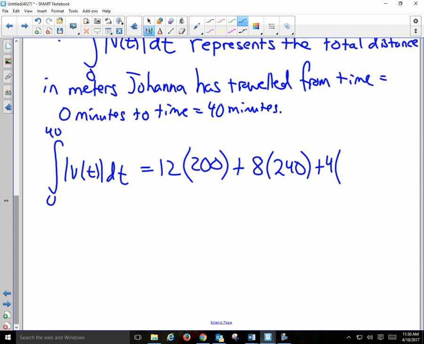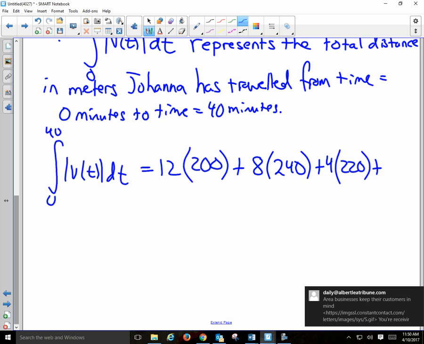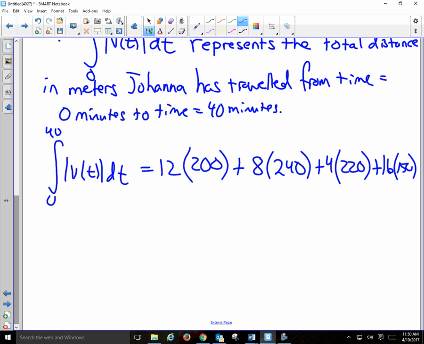Which is it? Why is it positive? Absolute value, so 220. If we did negative, that would give us the displacement, but we're looking for the total distance. 16 times what? 150. Okay, no calculator on this problem, it says.